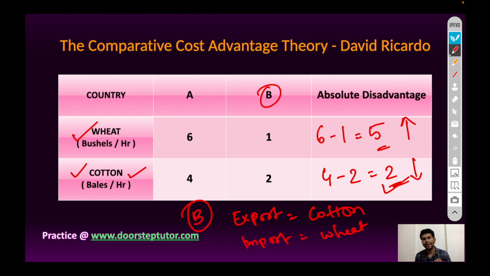But still, critics argued that even this theory has limitations because it has not considered other factors of production such as land, labor, capital, entrepreneur, etc. This theory is based on only one factor of production, and that is labor. It does not talk about other factors of production. So, the solution is given by the factor endowment theory.